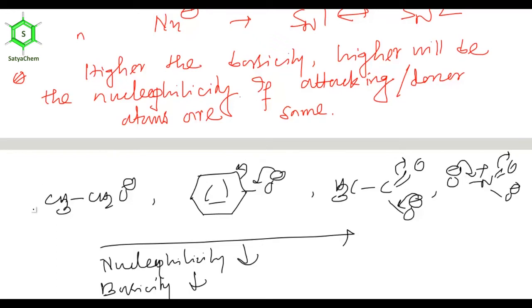But here no resonance is possible. The negative charge is concentrated on this oxygen atom. So that is why here basicity is very high, and as the attacking atoms are the same, basicity and nucleophilicity run on the same track. Is that clear?